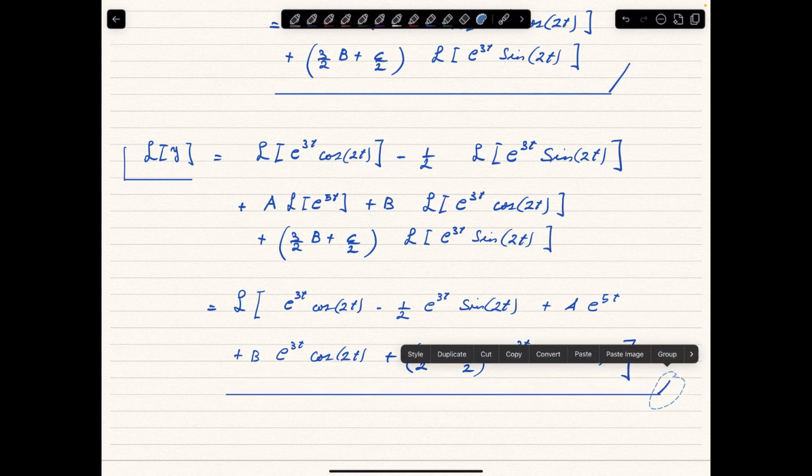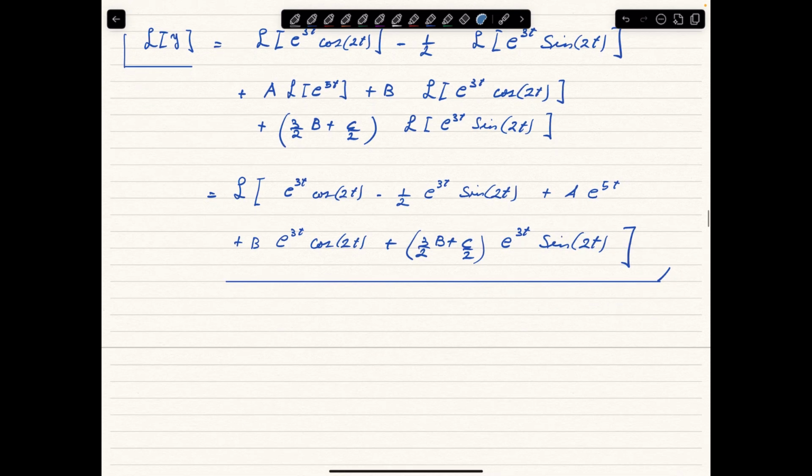And now notice that we have a lot of common terms. We have two types of terms: the terms with the cosine, and the terms with the sine, that we can put together, and then we have the exponential 5t.